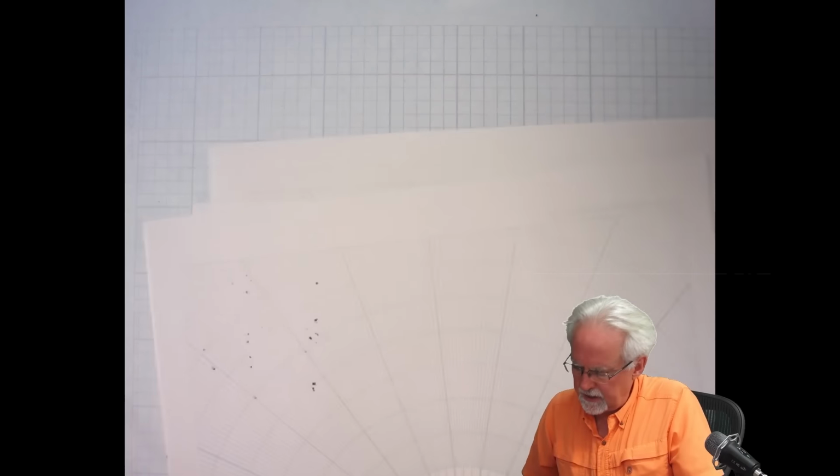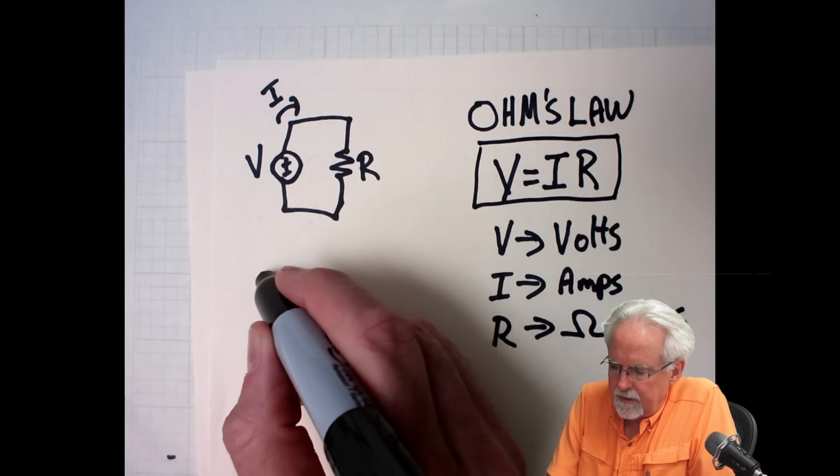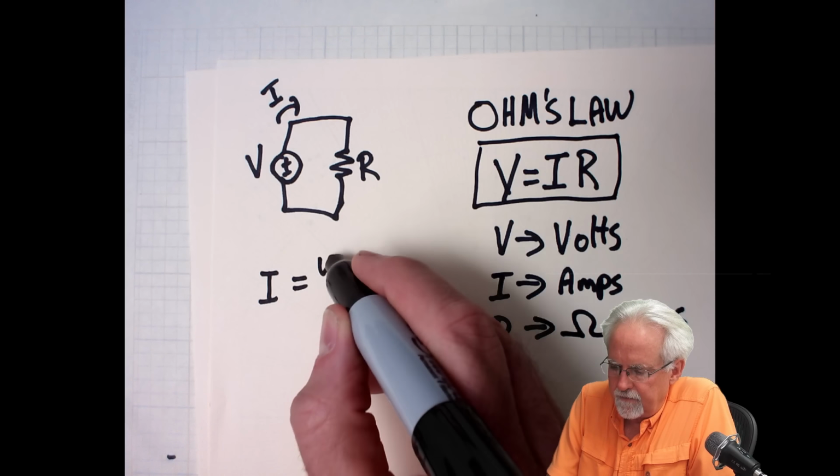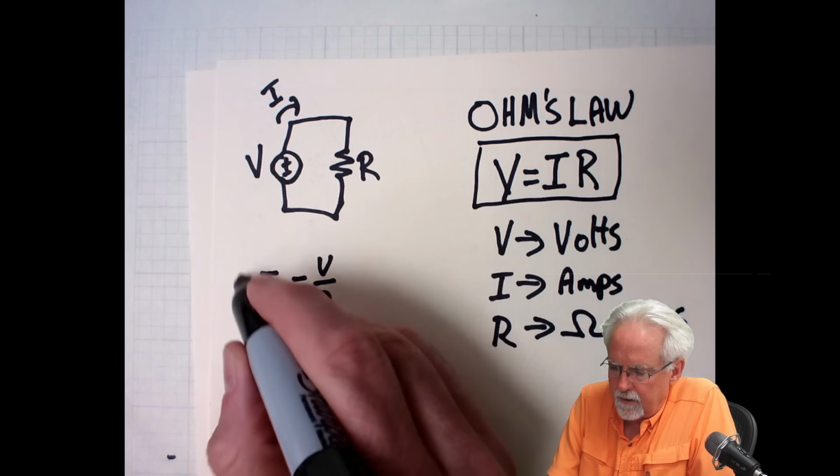Well, what could you do to this? You could divide both sides by R. Let me say this is the first Ohm's law. If you divide both sides by R, you could say that I is equal to V over R.